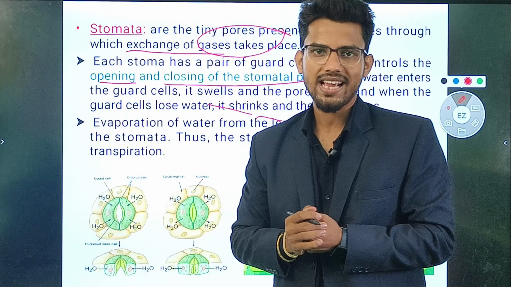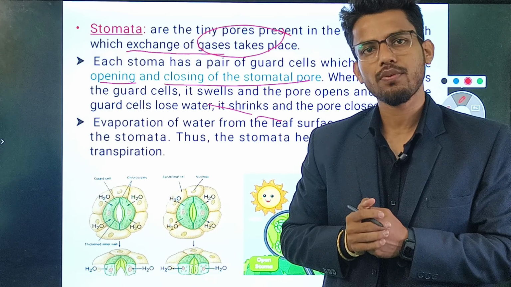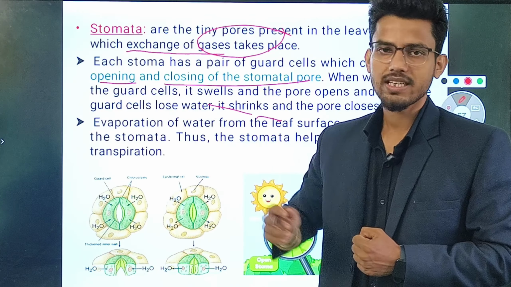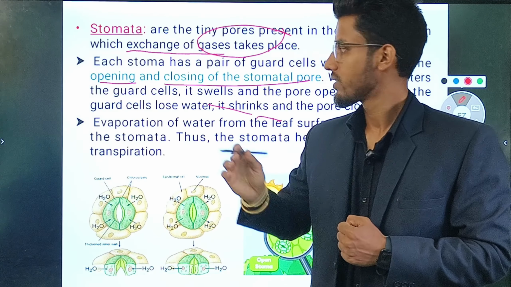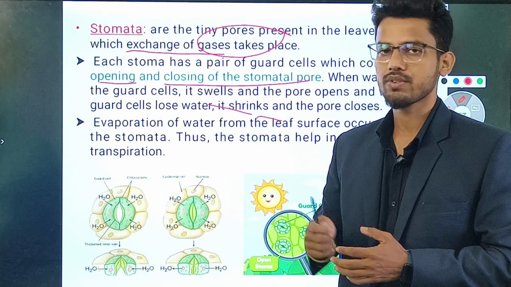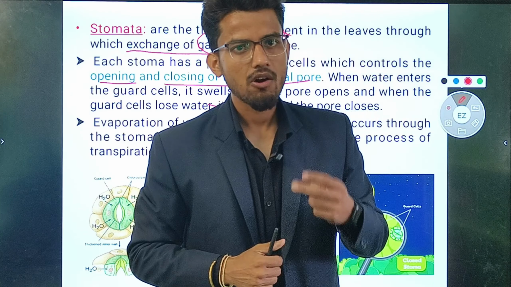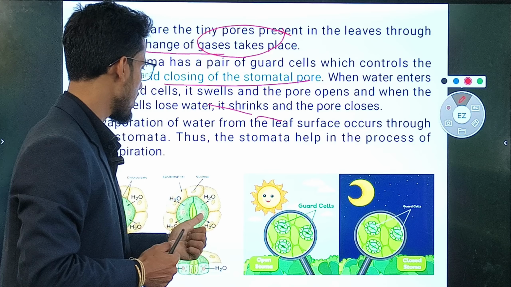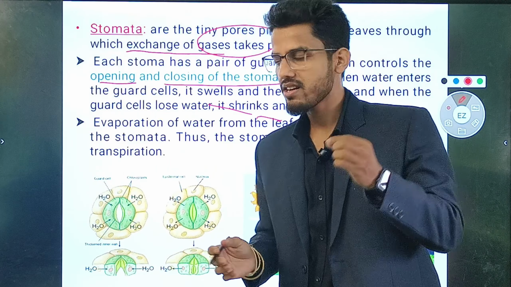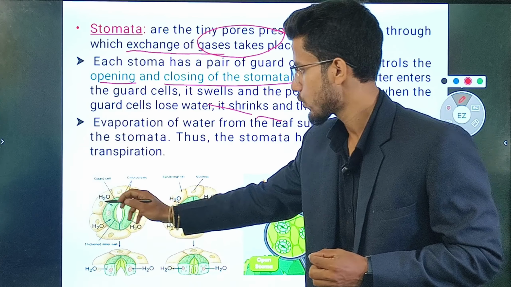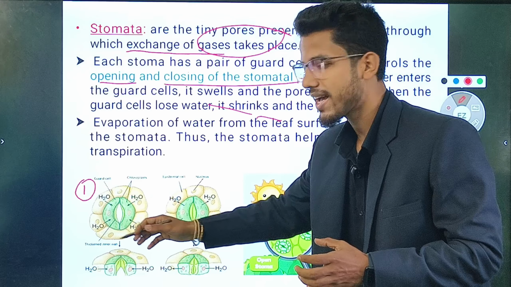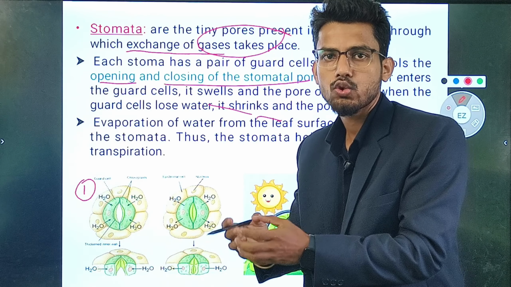So the question may arise that you may be asked to write the function of the guard cells in your exams. So during this you have to say that these guard cells mainly regulate the opening and the closing of the stomatal pore. However, there are two conditions. Number one is that whenever the water enters into the guard cells, as you can see in the first part, the cell, that means the stomatal pore, is swelling up.